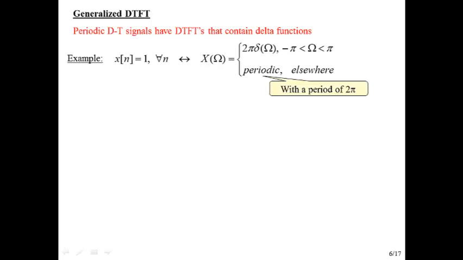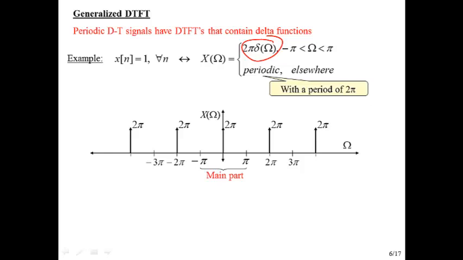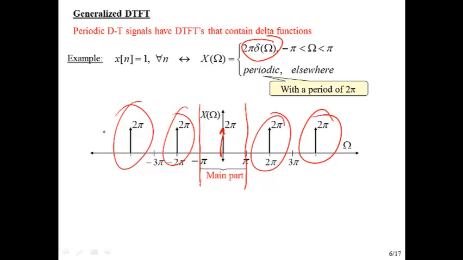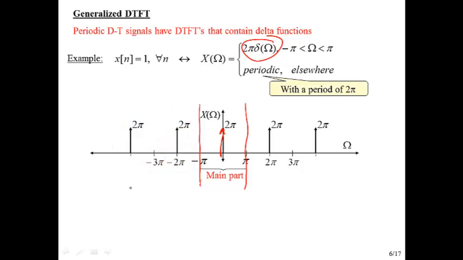And if we were to take the DTFT of that, we would find out that it's a delta function. Here's a plot of it, telling us here's that delta function at 0, and we really only need to look from minus pi to pi. And all these out here are just the spectral replicas, the periodicity part of the DTFT.